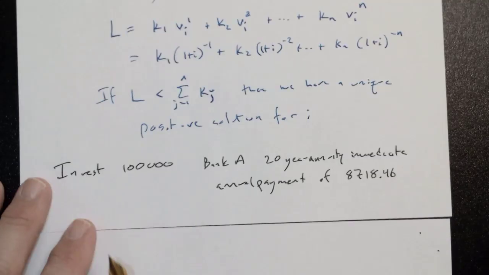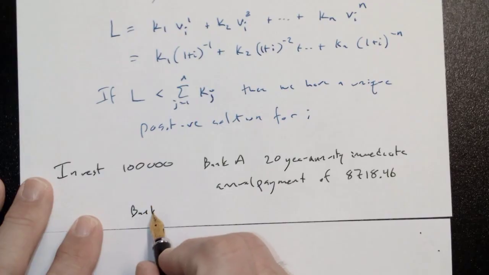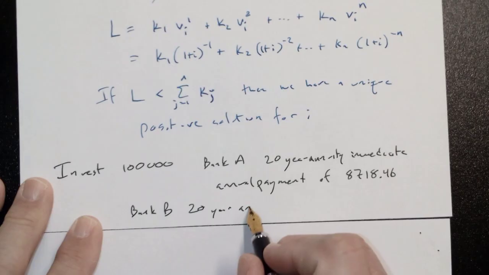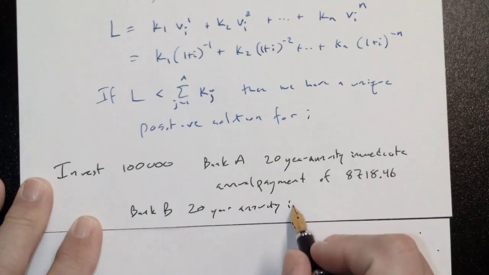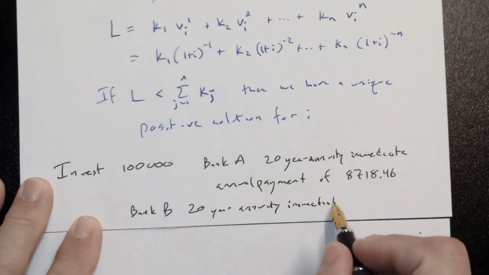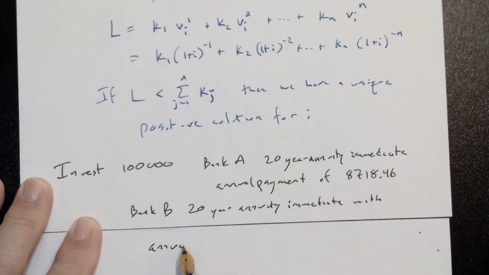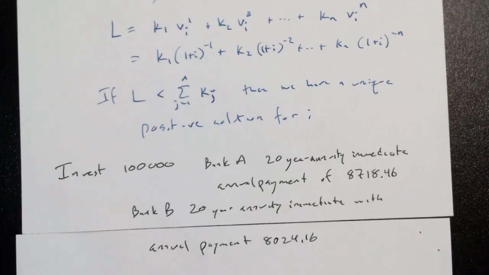The second bank offers me the same setup, 20 years, but the annual payment's $8,024.16.